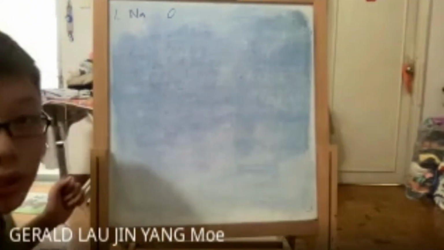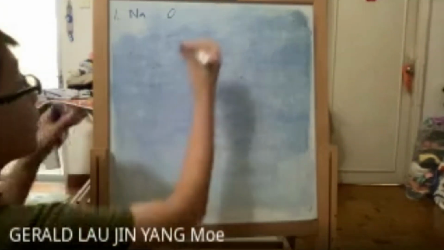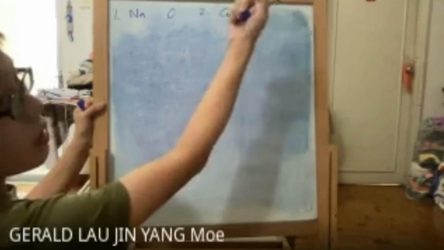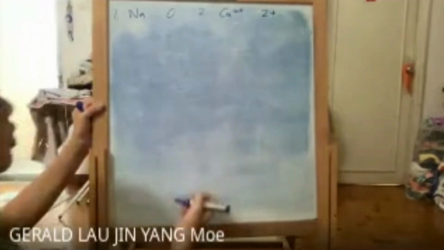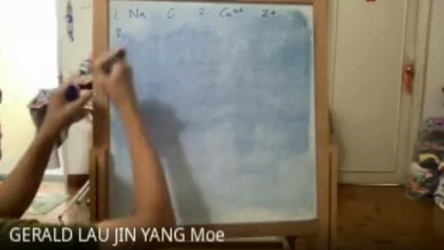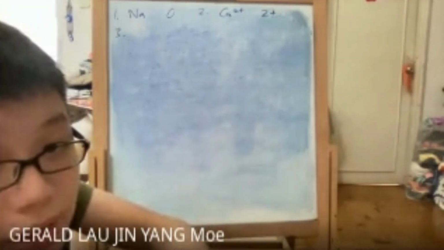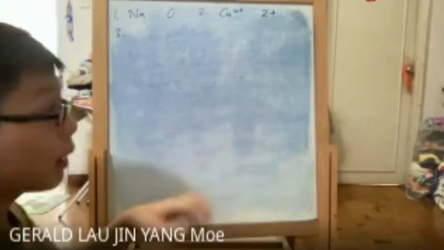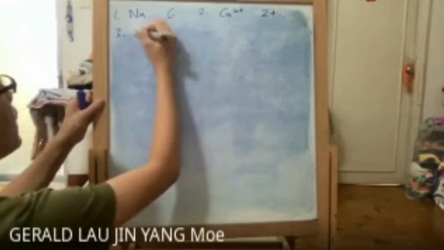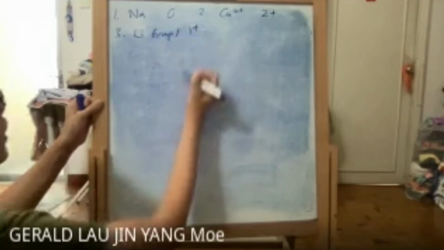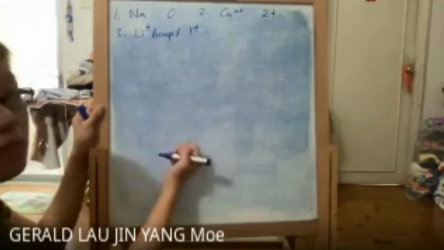Second rule is, let's say I have a charge, copper 2 plus. So the charge is the oxidation number, 2 plus. That's all. Okay, number 3. Let's say you know lithium. Lithium is group 1. So 1 plus the charge, lithium ion.